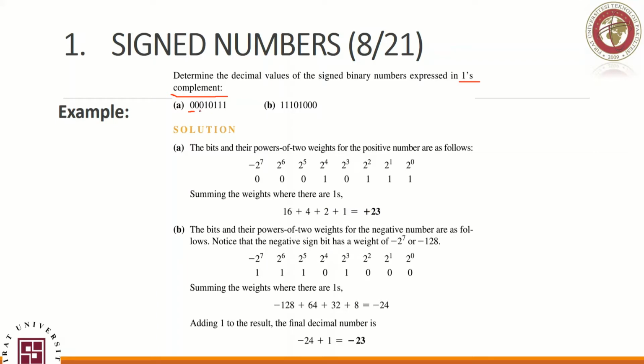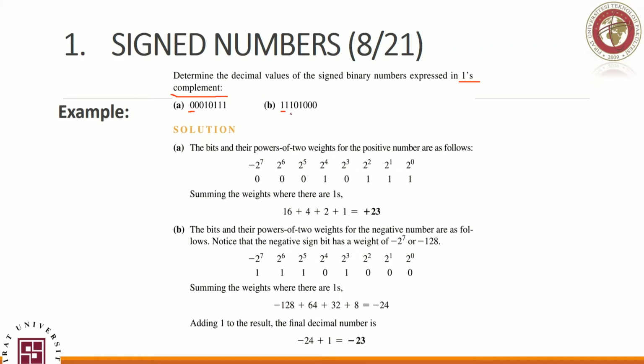It is in 1's complement, but it is positive. It's possible. You may have positive and negative values in 1's complement. Let's take the second example. You see the sign bit is there, so it is likely to be negative, and directly we can apply the rule. We have 2 to the 7, and it is minus. Minus 2 to power 7 is minus 128.